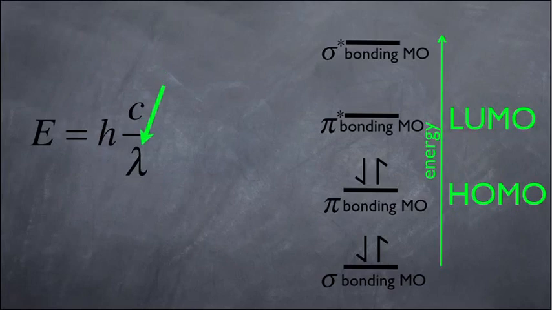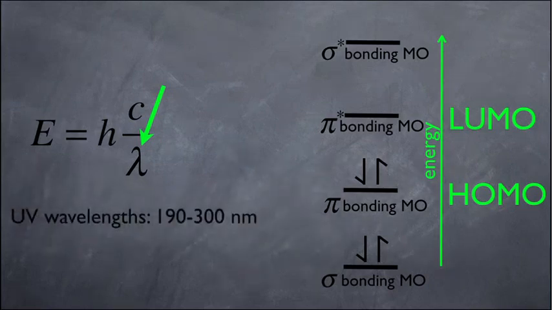Different lights have different wavelengths. And those wavelengths right here, remember, UV wavelengths, they're around 190 to 300 nanometers, okay? If you are a light wave and you have a wavelength that's between 190 and 300, you're considered UV light, okay? So that means that UV light has a certain lambda wavelength which corresponds to a certain amount of energy.